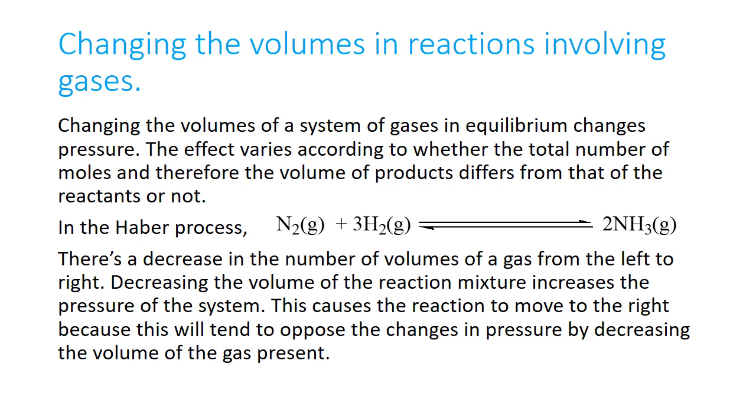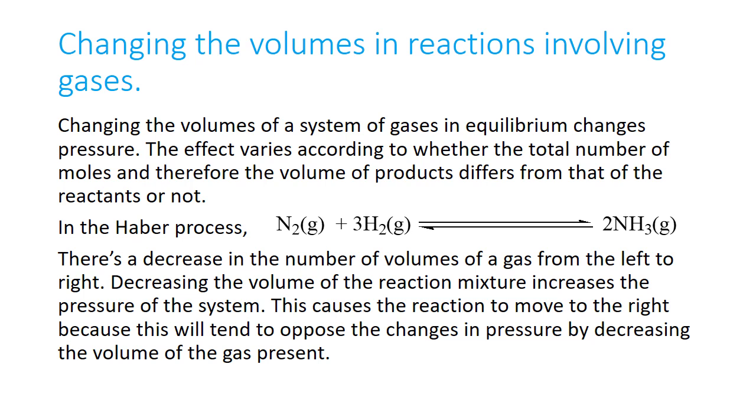So we go ahead to change in the volume of reactions involving gases. Here, we can also look at the example of the Haber process, but in general, changing volume in reactions involving gases does not effectively affect the position of the equilibrium.